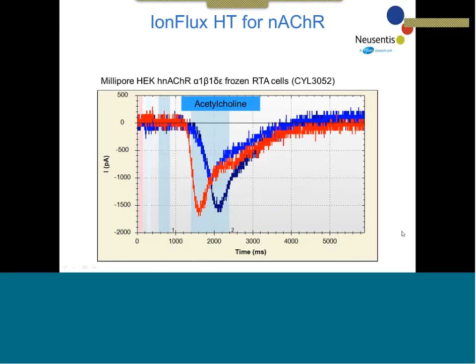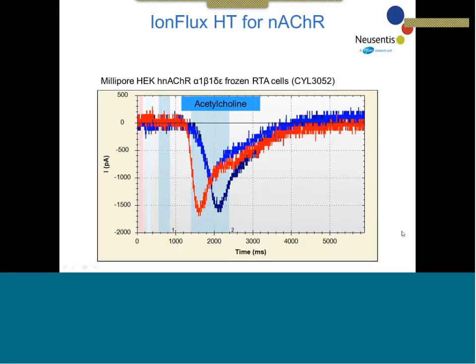Another ligand-gated target, and this was something that we ran as a bit of a demo for someone where we'd never used these cells before. Essentially, we received them. They're a Millipore, ready-to-assay cell line, HEK, nicotinic acetylcholine receptor alpha 1. We just thawed the cells in an external buffer, put them straight into the IonFlux plates, and applied a few different agonists and ligands.